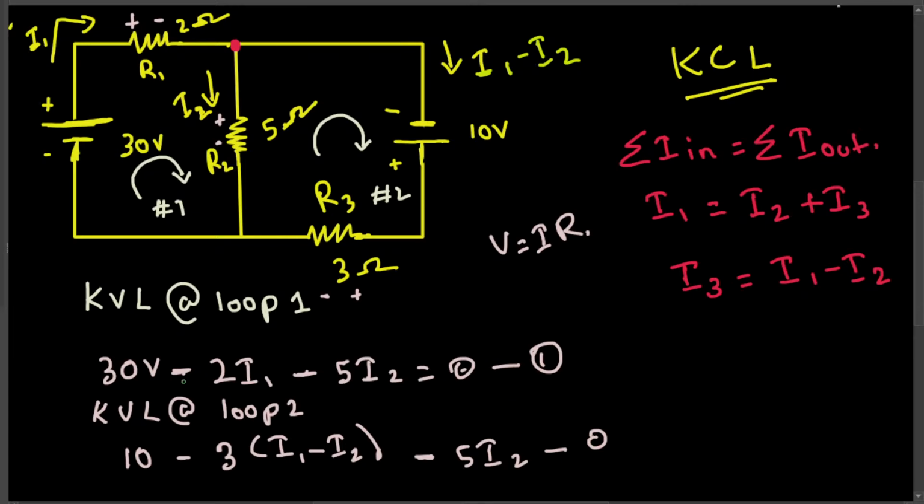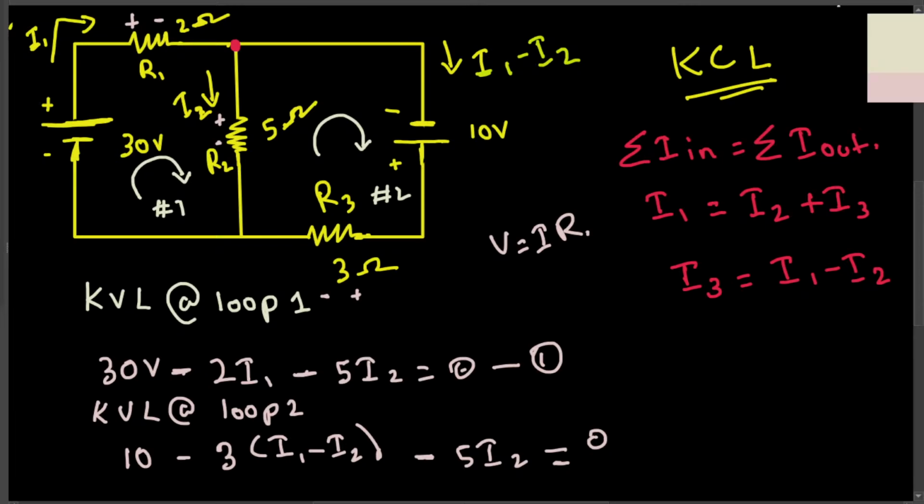Okay, now we have two equations with two unknown variables. Now let's see whether we can simplify and eliminate one of the variables. For the first one, we don't have anything to simplify, but for the second one, we have to expand and simplify this one. So let's try to do that.